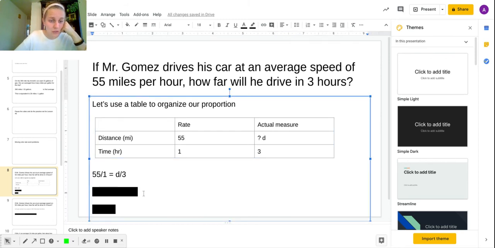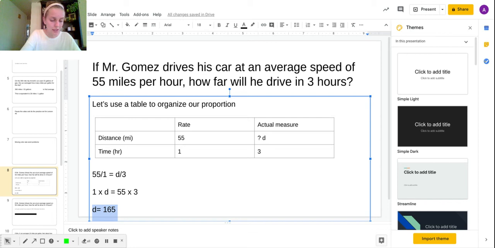Okay, so when we cross multiply, our new equation is, drumroll please, 1d is equal to 55 times 3. Do the math. What does that equal? What does d equal? d is equal to 165. Actually, let me just double check that.